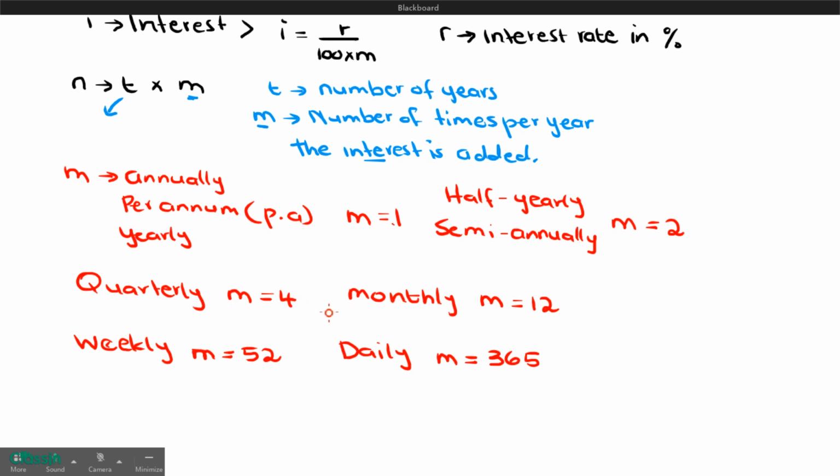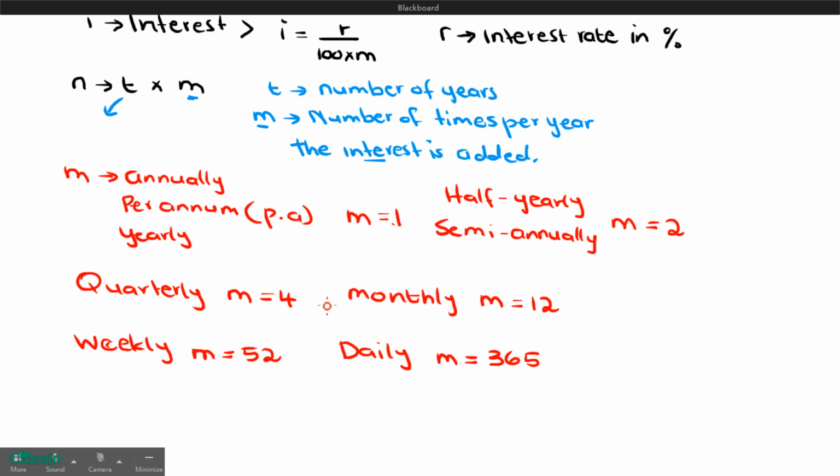That is why at school we have term 1, term 2, term 3, term 4. Then monthly, we've got 12 months in 1 year. We have 52 weeks in 1 year, and 365 days in 1 year. So all these values represent a year.